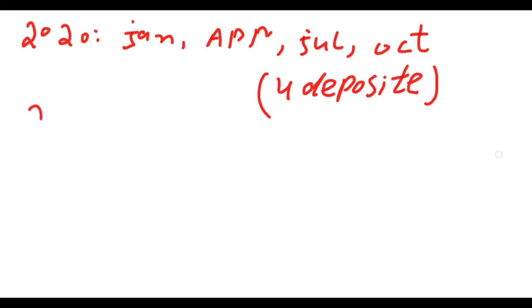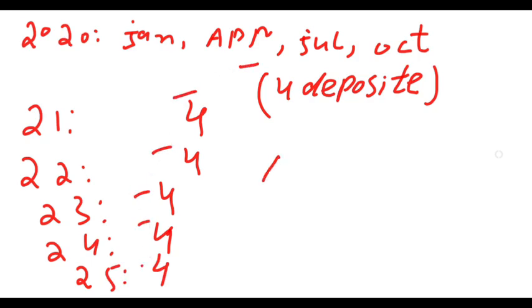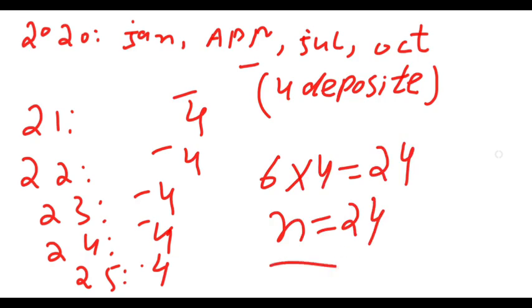The year 2021 will be the same, 4 deposits, 2022 the same, 4, 2023, 4, 2024 again 4, and 2025 again 4. So that's 1, 2, 3, 4, 5, 6 years, and 6 times 4 is 24. So my n is going to be 24.